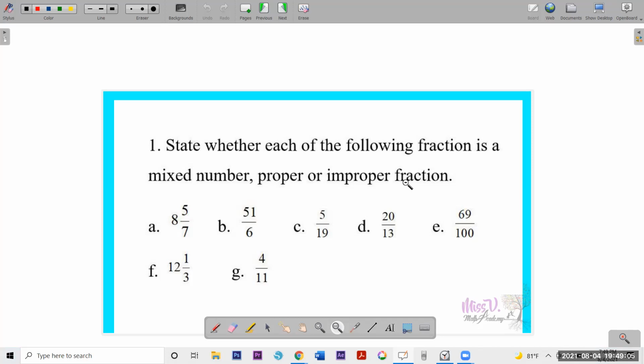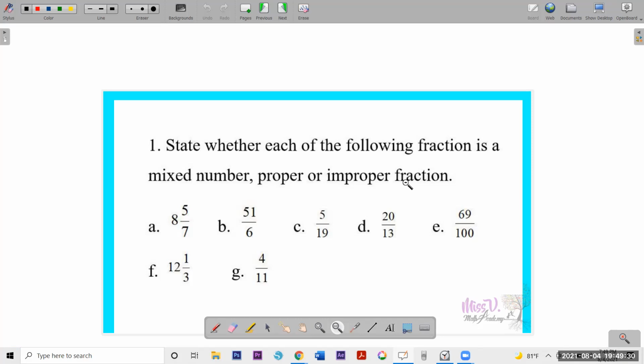Improper because 20 is bigger than 13. What about E? Excellent. F. Excellent. G. That's right. So we need to make sure we understand the difference between them.